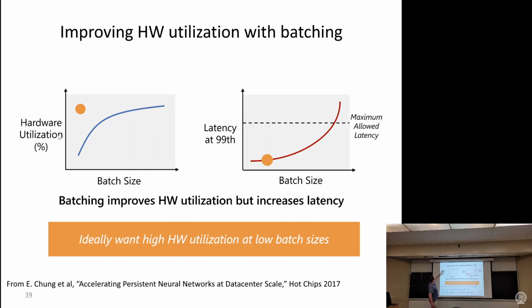If you have a small batch size, so you get one input, like one person using your transformer, and you send that one input in, your hardware utilization for at least the memory limited parts is relatively low because you're waiting for memory all the time. And if you increase the batch size, so instead of sending one person's data through, you wait and you get 1,000 people who are all asking to use your neural model, and you send all of their inputs in as a big matrix, you will get better throughput.